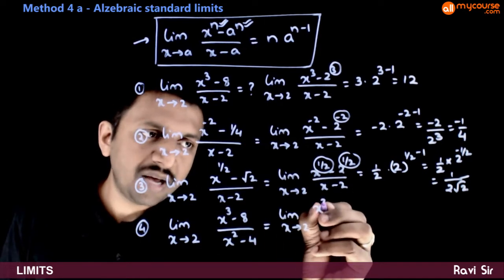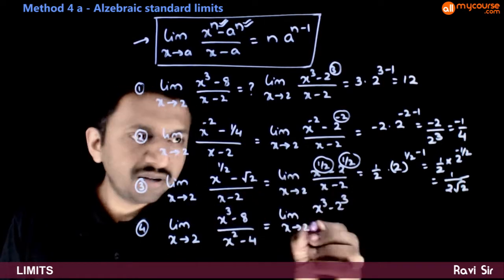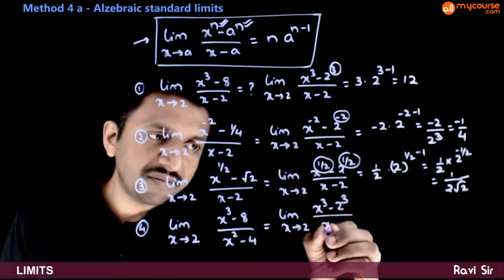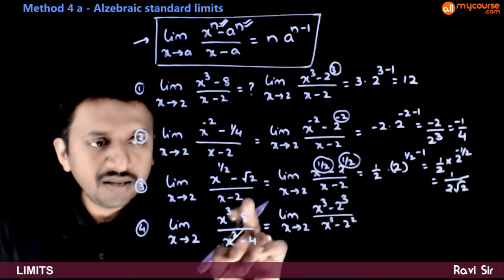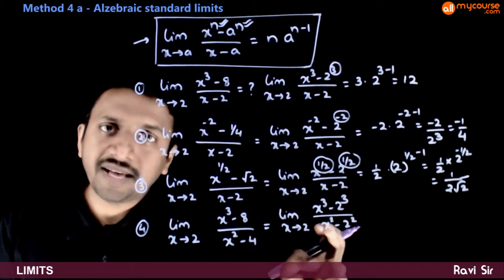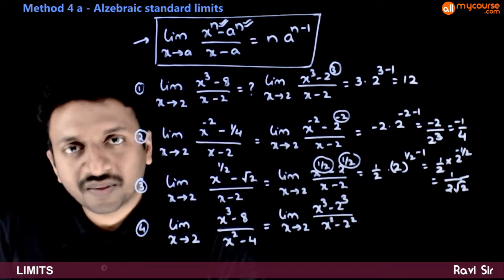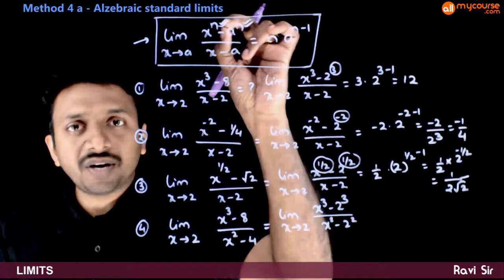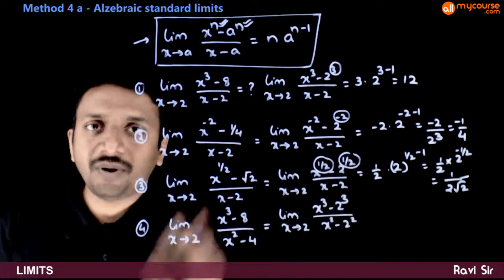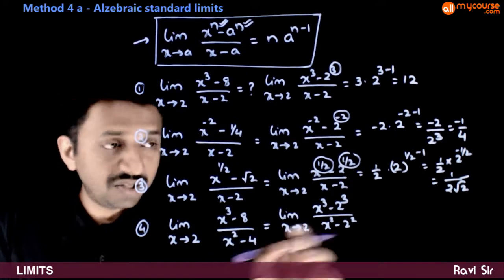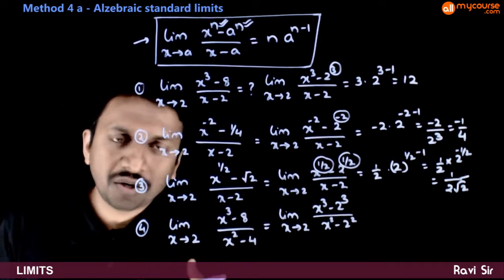In the numerator you have x cube minus 2 cube. In the denominator you have x square minus 2 square. So in the numerator you have x power n minus a power n form. In the denominator also you have x power n minus a power n form, instead of x minus a. So what do you do?